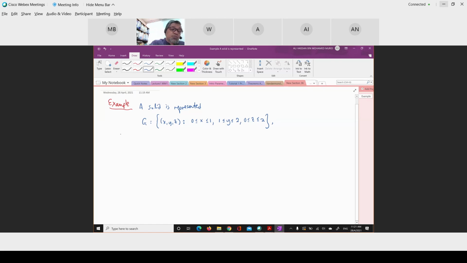Suppose it has a density function rho(x, y, z) equal to 1 plus xyz. So find the mass of this solid.